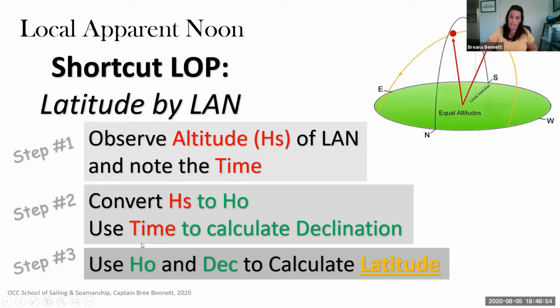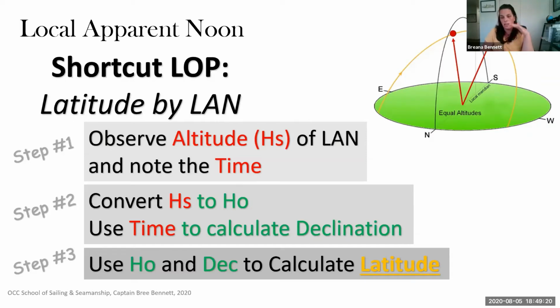Then we'll use that HO and that declination that we just calculated to calculate our latitude. And it's just a little adding and subtracting for that. So that's why it's a shortcut, because part of the sight reduction form we're doing is only the HS to HO and then the declination.